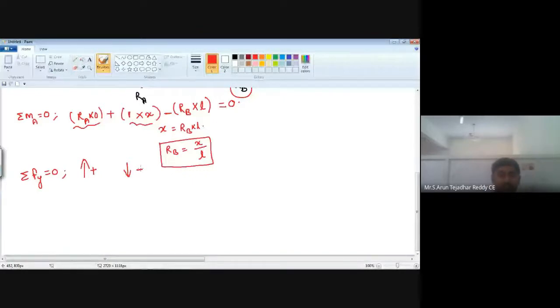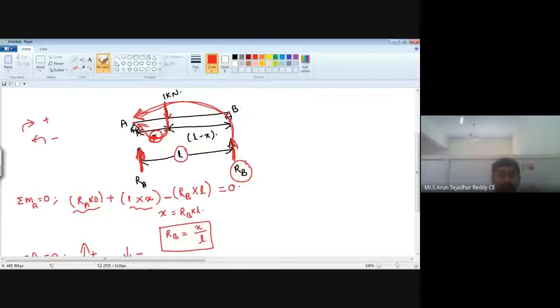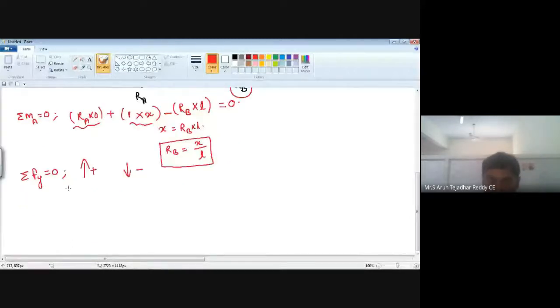So here RA is moving in the upward direction, RB is moving in the upward direction, and the 1 kilonewton load is moving in the downward direction. So we can write it as RA plus RB minus 1 is equal to 0. RA plus RB, because these two are moving upward, and the 1 kilonewton load is moving downward, so minus 1 kilonewton is equal to 0.